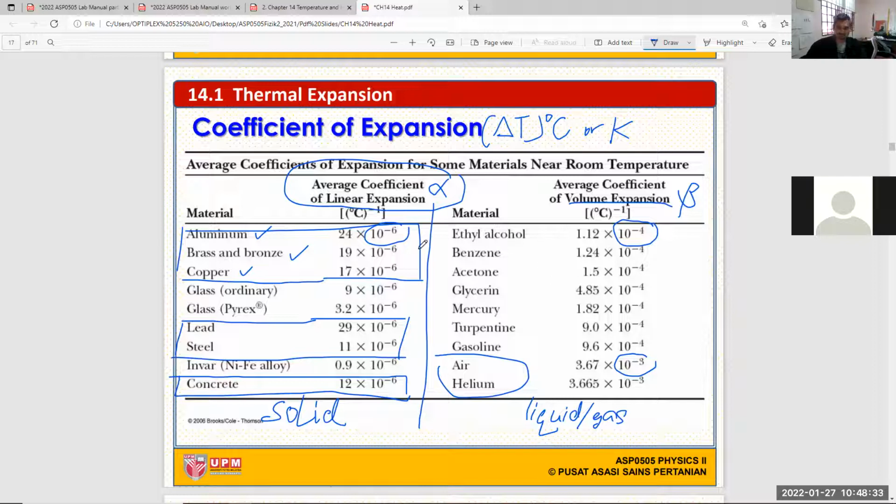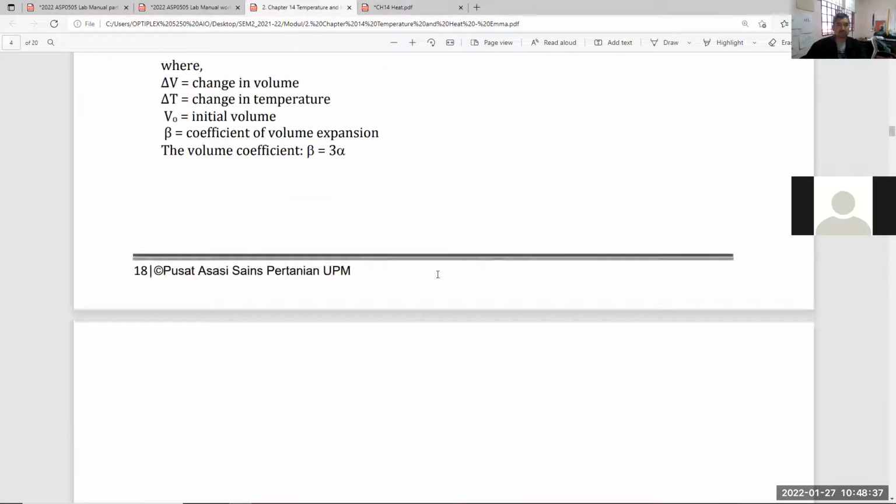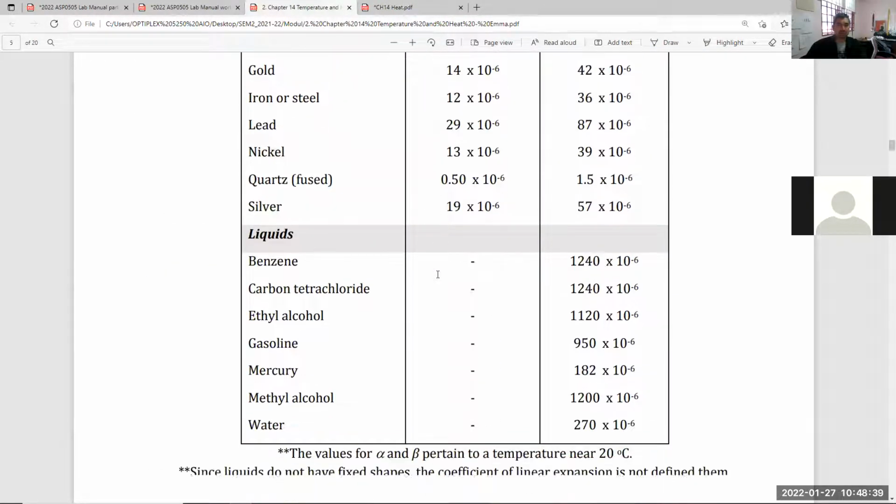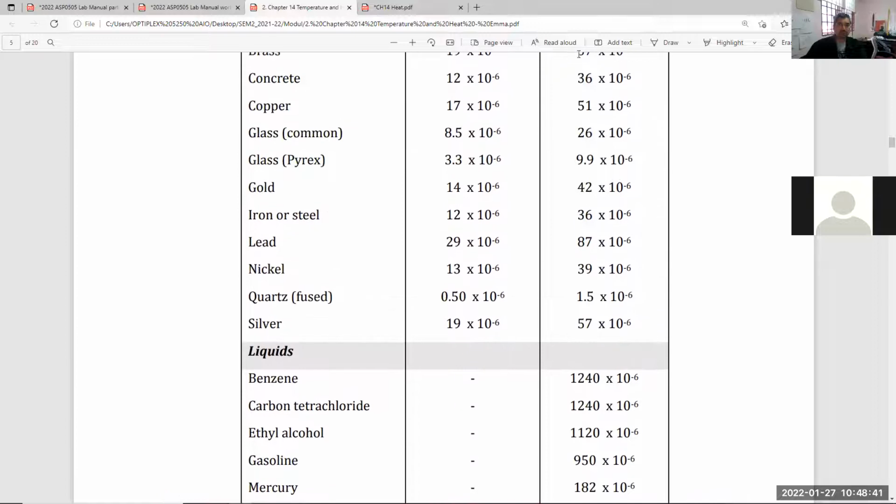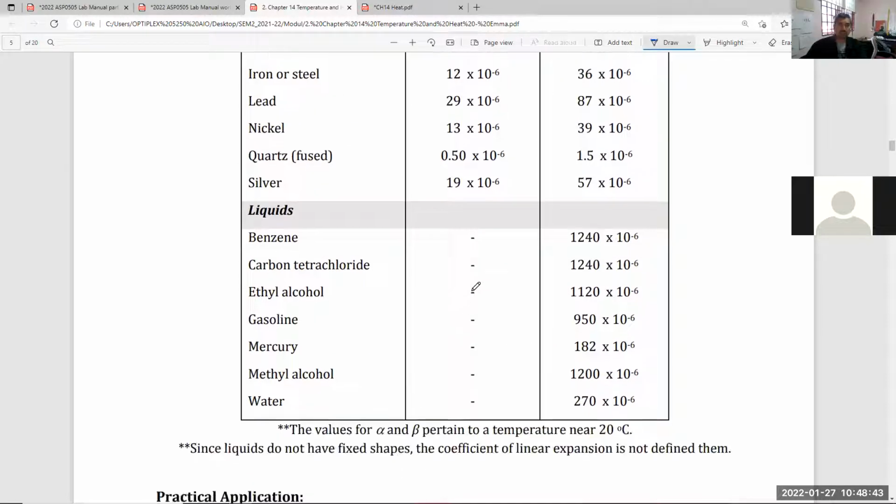But to say that, in your table, in your text, you don't have the linear expansion. It means that alpha does not exist for liquid and gas.